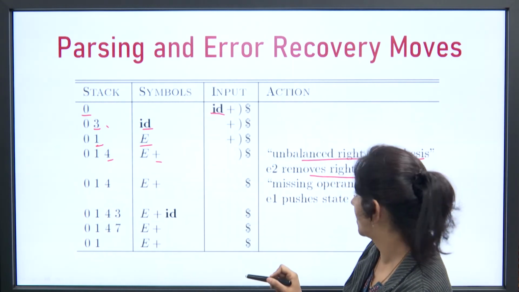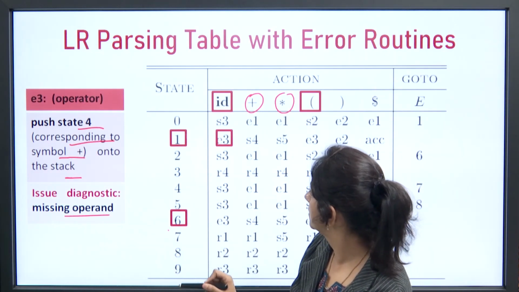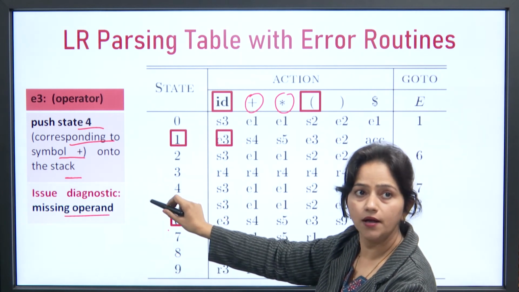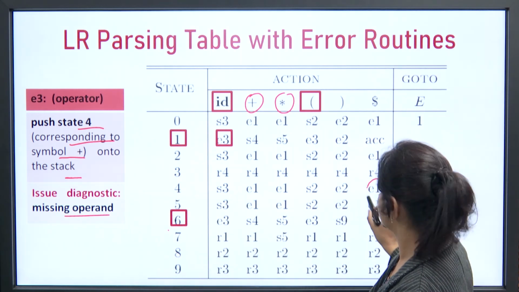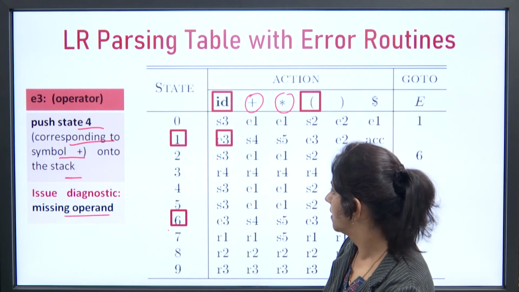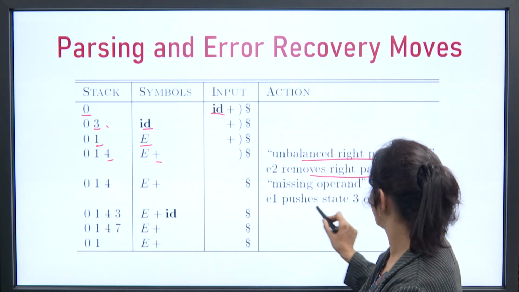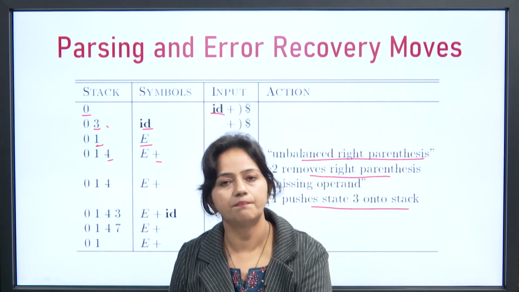With respect to 4 and dollar, this is E1, and here we will push state 3, and then accordingly we continue the parsing.